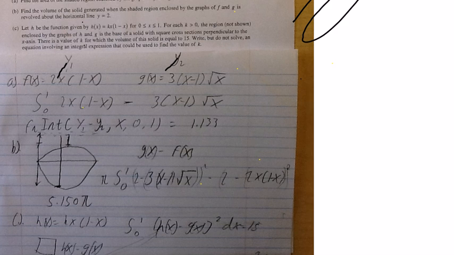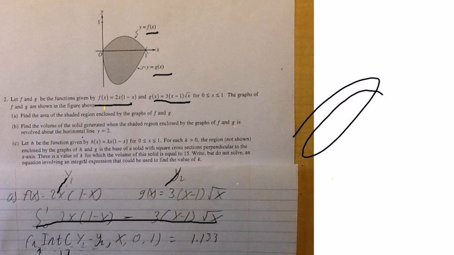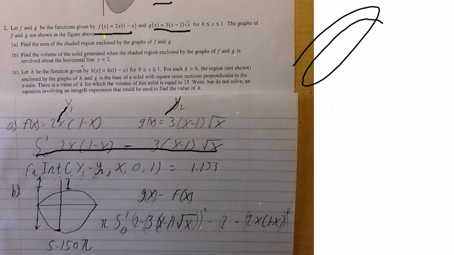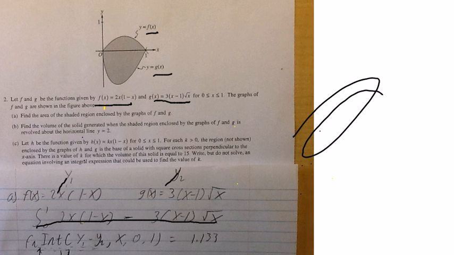Then this is your integral right here. That's how you'd set it up. When you plug it in, do the integral of y1 minus y2, because as you can tell, f of x is above g of x, and f of x is y1. So y1 minus y2, comma x, comma from 0 to 1, because 0 and 1 are your points.